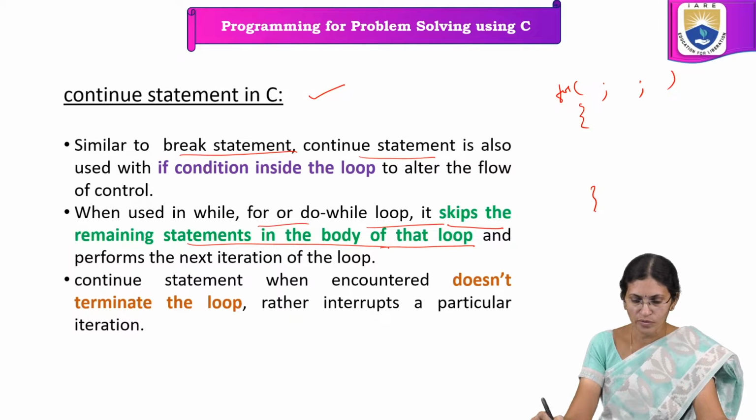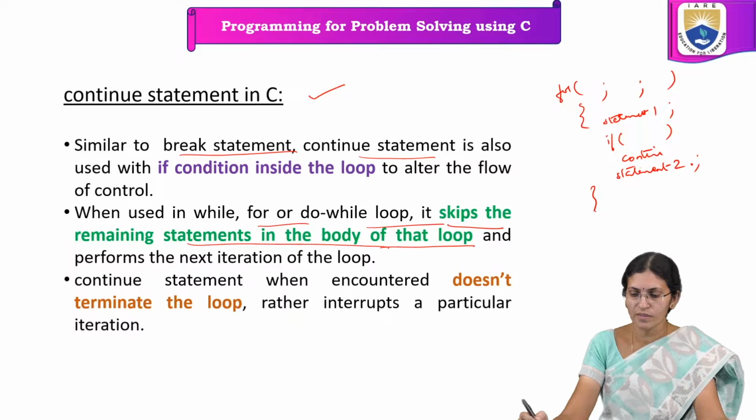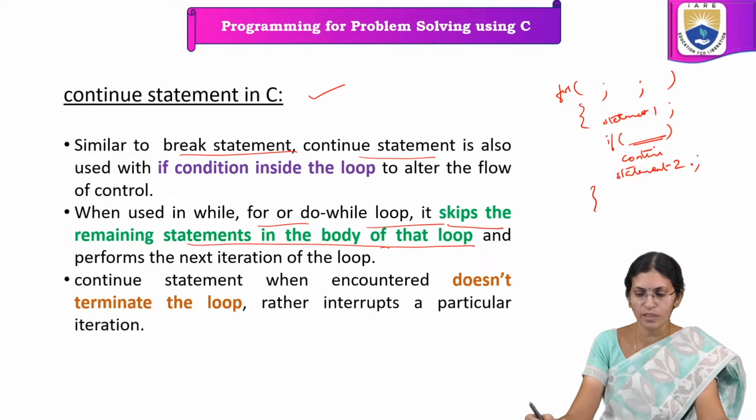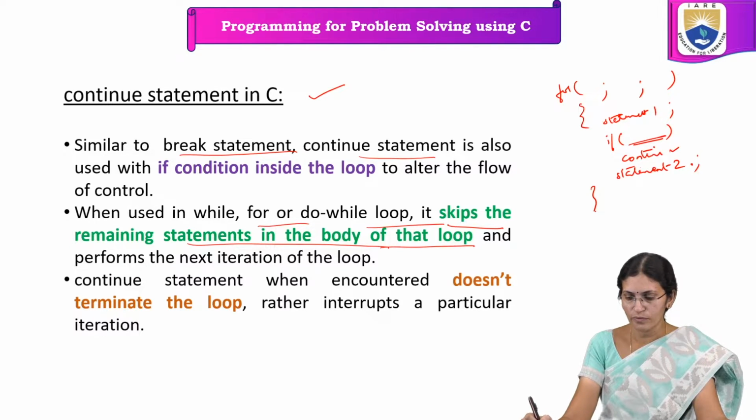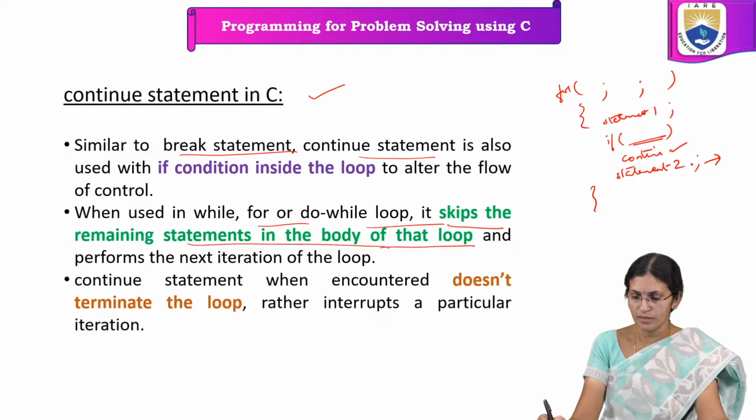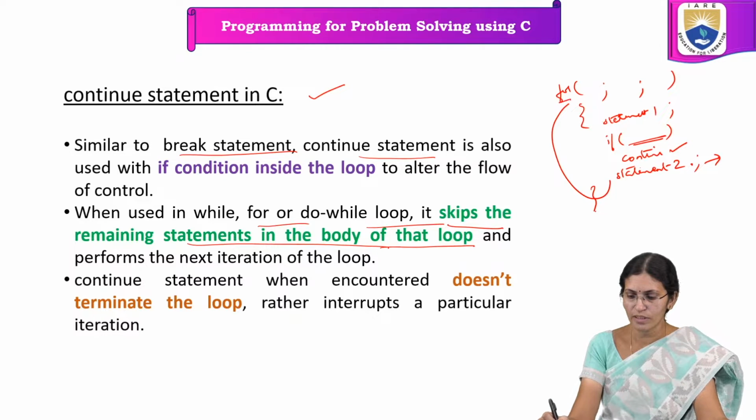The syntax to use the continue statement is an if along with some condition and then continue. Here we have some statement 1, and here we have some statement 2. Whenever this condition becomes true inside the for loop, when the compiler sees the continue statement, statement 2 will not be evaluated, and control is transferred to the next iteration of the for loop.